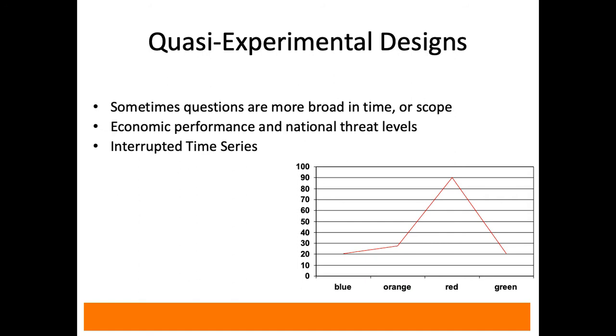We also look at this over time, right? So quasi-experiments can be looked at in terms of how events correspond in time with other events. The conditions of the quasi-experimental independent variable are really, let's say, different national threat levels in this example, different conditions of threat. And then the dependent variable would be economic performance in times of war, terrorism, national pandemics.